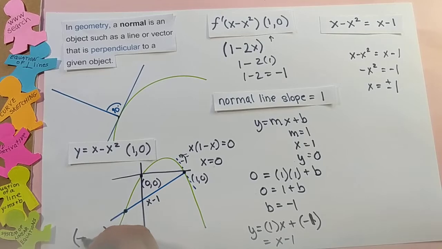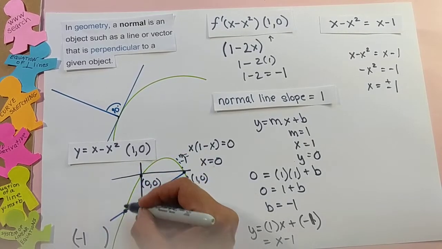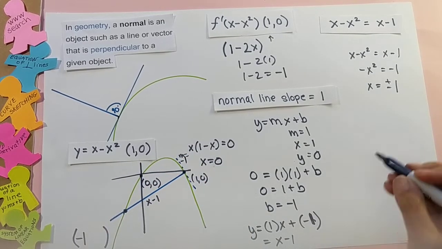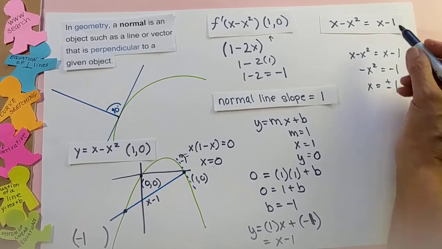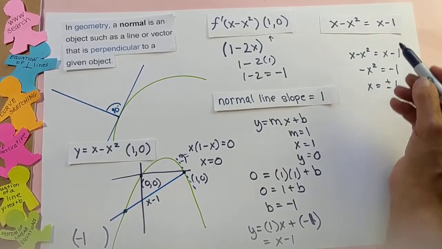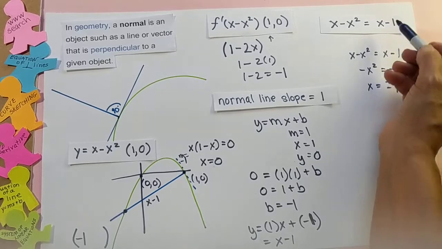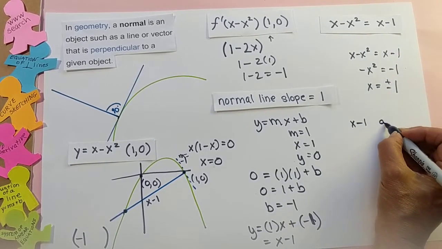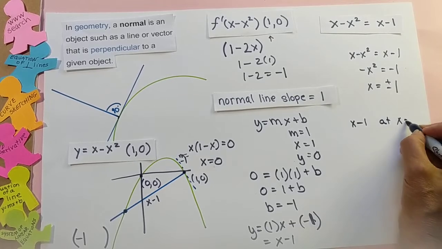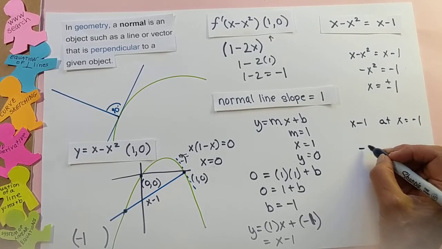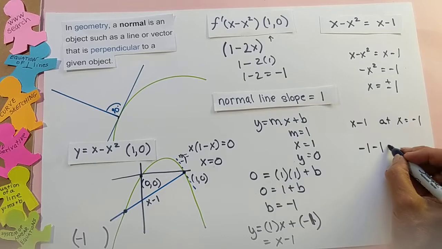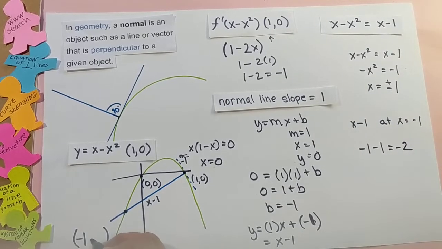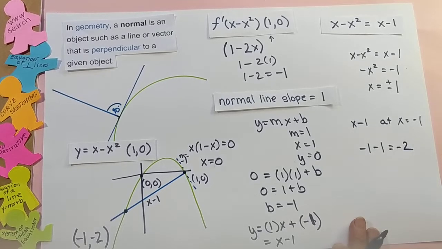So we've got a negative 1 here. And that sort of looks right with my drawing. Now I put negative 1 in one of the equations. I'm going to put it in this one. That looks really easy. So x minus 1 at x equals negative 1, that would be negative 1 minus 1 equals negative 2. Yay, so that's the solution that the Lawlers got and what I got.